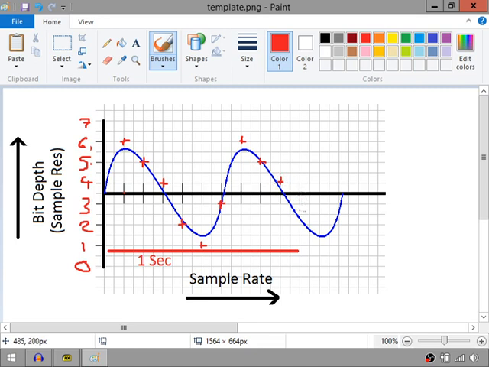And then the final one looks like it's closest to this one. And there you have it. Those are all of our samples measured for the accuracy of the sample resolution that we're using. Now we do the process of just joining them up, and we don't have to join them up, but I'm joining them up just to show you what this original song will look like represented in a digital format.